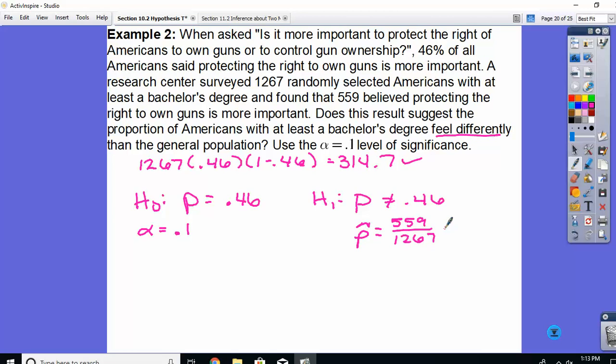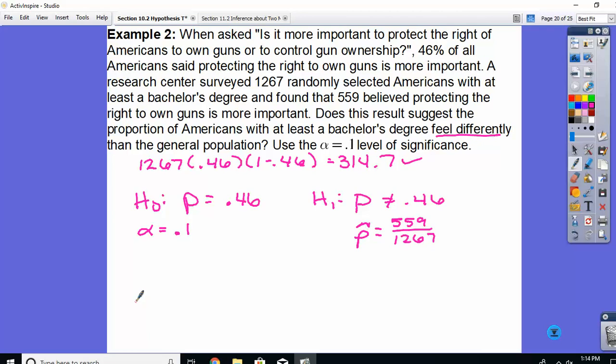My proposition here is not equal. And what I get, it tells me that my z value is negative 1.34. And it tells me my p, the probability of that happening, is 0.1794. So under the assumption that the proportion is still 0.46, there is a 17.9% chance that this occurs.